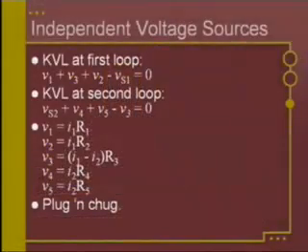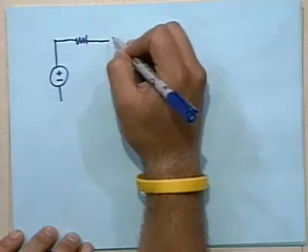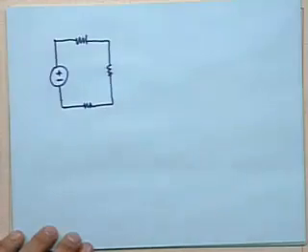So let's start out by looking at a simple independent voltage source circuit and doing some mesh analysis on it. The slide shows all of the same work that I'm going to do on the piece of paper, so you can copy that down or whatever you want to do with it. But here is the circuit that we're looking at in the first place, and we're going to look at this just in terms of the circuit parameters as unknowns, instead of working all the way through the numbers.